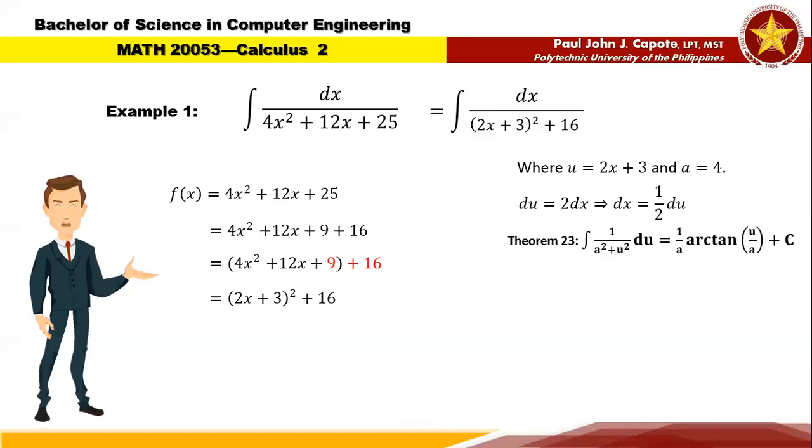Remember that this transformed integrand is of the form of theorem 23, which states that the integral of 1 over a squared plus u squared du is equal to 1 over a times arctan of u over a plus c. Now applying this theorem 23, we get 1/2 times the integral of 1 over u squared plus a squared du.